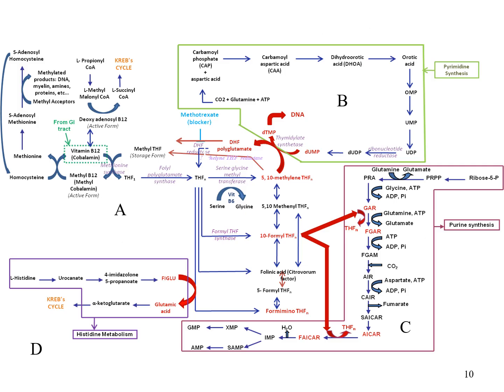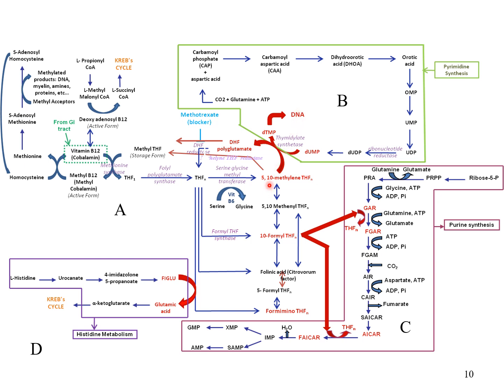Now, this busy slide, don't be afraid of it, summarizes the metabolism of vitamin B12 and folic acid and the relationship between them, and identifies where the defect occurs when you have deficiency. Vitamin B12 metabolism is here in A. Folic acid is in B and C, and the site where the defect occurs is here, where you get conversion of uridylate to thymidylate, which then goes into DNA synthesis.